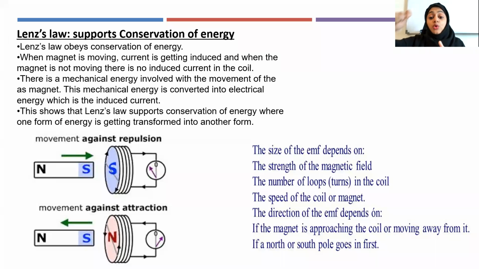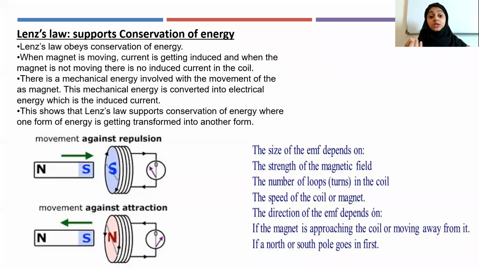So if you use more turns, you can produce more current. It depends upon the speed of the coil or the magnet. See, speed is more means time is less. You know the time interval dt is in the denominator, right? EMF is equal to minus n d phi by dt. Time interval is in the denominator.